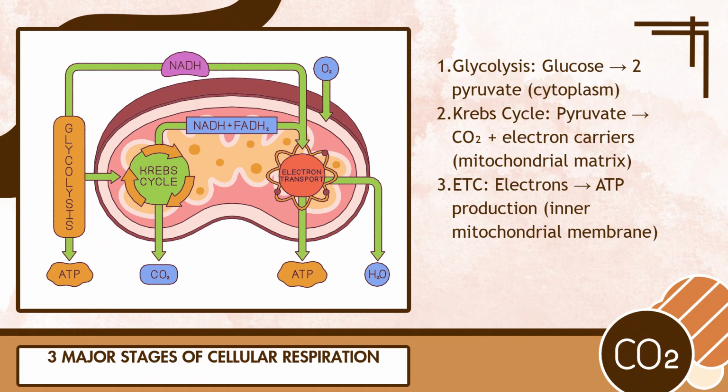That pyruvate enters into the mitochondria, and the second stage of cellular respiration occurs, which is called the Krebs cycle. In the Krebs cycle, the mitochondria charges these electron carriers. It happens in the matrix, which I'll show you in a minute. And then it goes on to the third stage, the electron transport chain, which uses oxygen to generate that ATP.